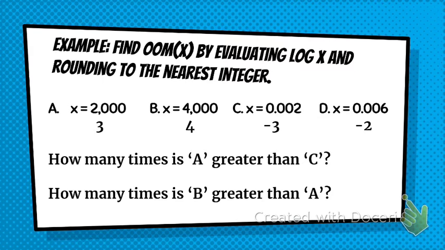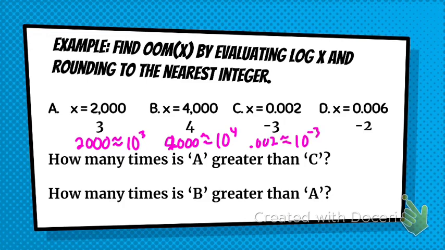So when we compare these, we would say 2,000 was approximately equal to 10 to the third power. 4,000 was approximately equal to 10 to the fourth power. 0.002 was approximately equal to 10 to the negative 3 power, and 0.006 was approximately equal to 10 to the negative 2 power.